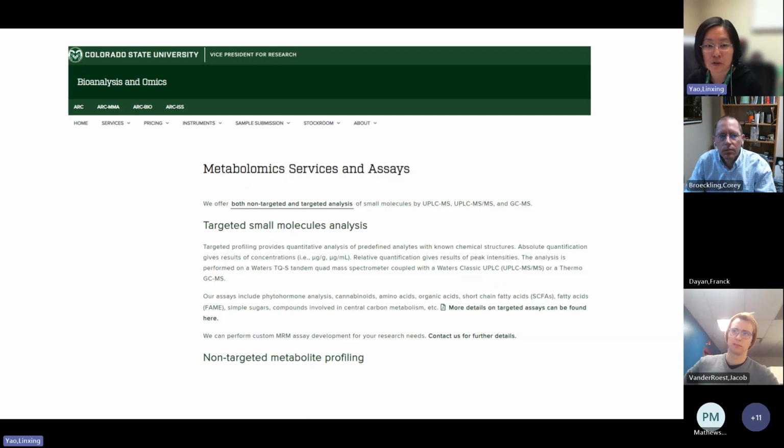Some instruments give you a stronger response of the adducts, like plus sodium, plus potassium. For example, if I run the same standards on the TOF instrument in our lab, I see a lot of sodium adducts. But when I run on this tandem quad instrument, I don't see many adducts. It depends on the instrument, I'll say. Okay, thank you.